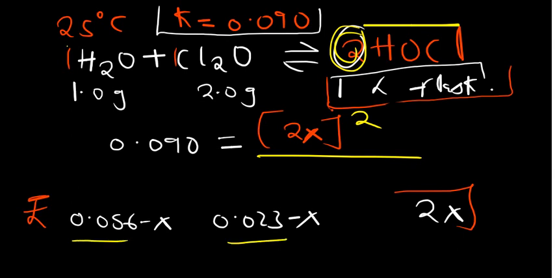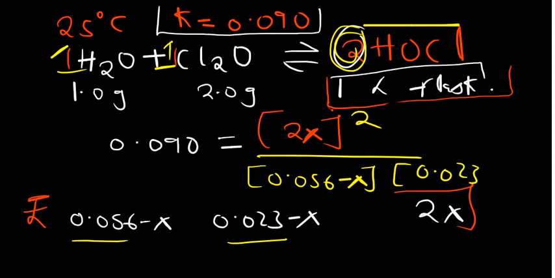They are all raised to the power 1 because they have stoichiometric coefficients of 1. So we have 0.056 minus x multiplied by 0.023 minus x. So you can clearly see that we can come up with a very complicated quadratic function here, for your own information.